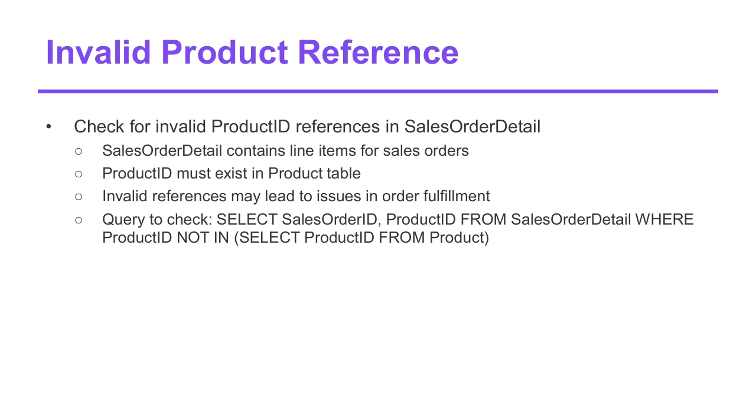To identify these invalid references, we use a SQL query that selects the sales order ID and product ID from sales order detail where the product ID is not found in the product table. This helps us catch any orphaned product references early, ensuring data integrity and smooth order processing.